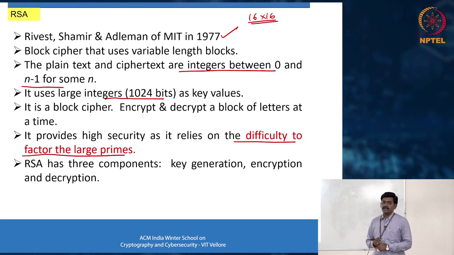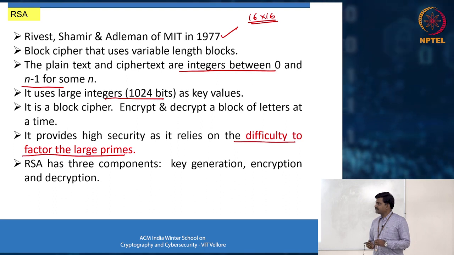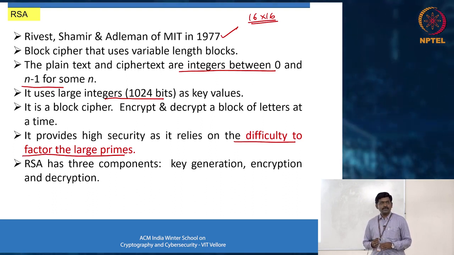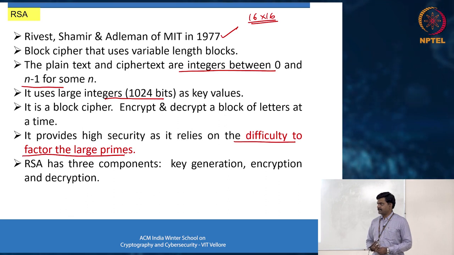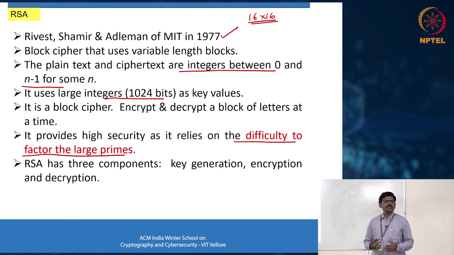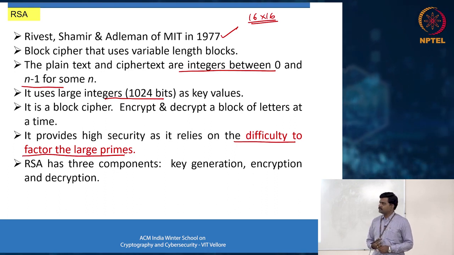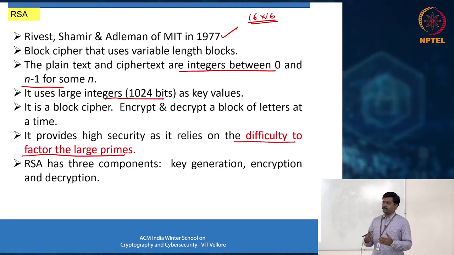When we say large numbers, we are not referring to 1 digit, 2 digit, 3 digit. Rather, we are talking about numbers of 200 digits, 300 digits. In terms of bits, think of 1024 bit, 2048 bit and more.